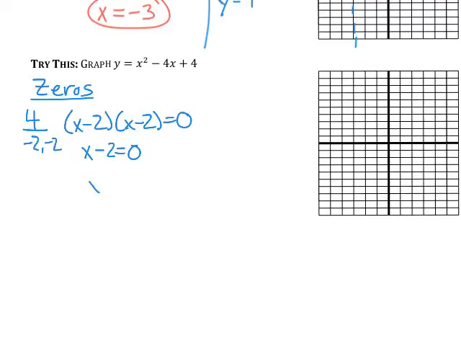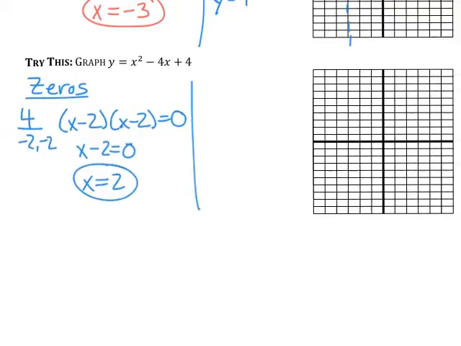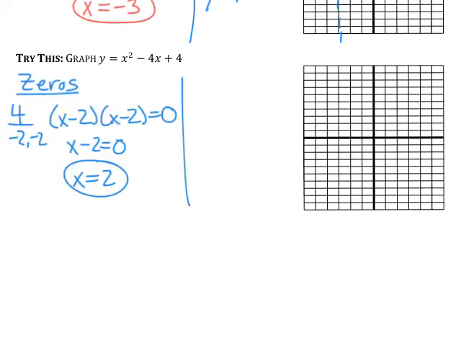It's going to be the same thing both times. So x equals +2. So we know we have a special case because we only have a single 0. So let's go ahead and graph that. X equals +2. Okay, so that's both my 0 and my vertex because there's only one of them. If there were 2 zeros, I could go ahead and find my vertex like normal, but since there's only one, I know that has to be my vertex.